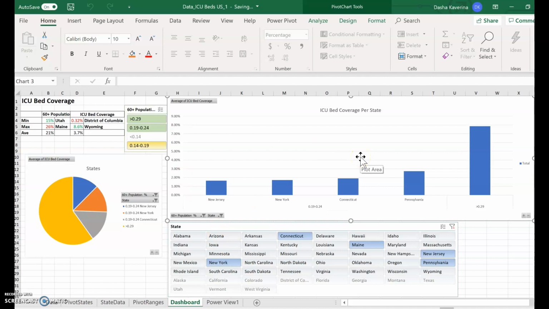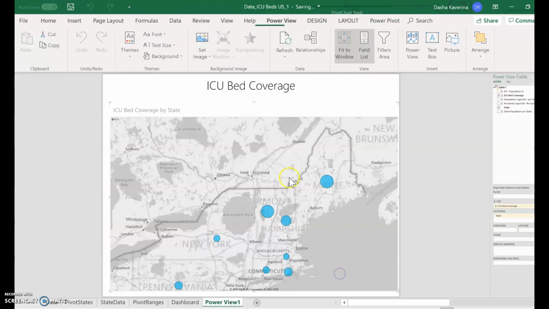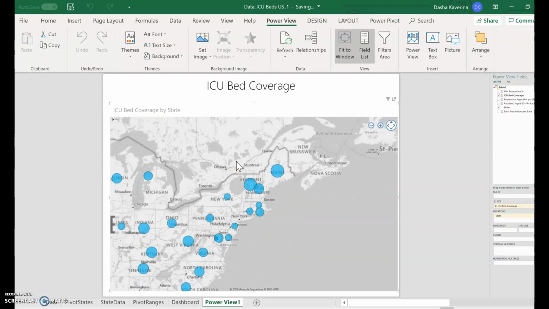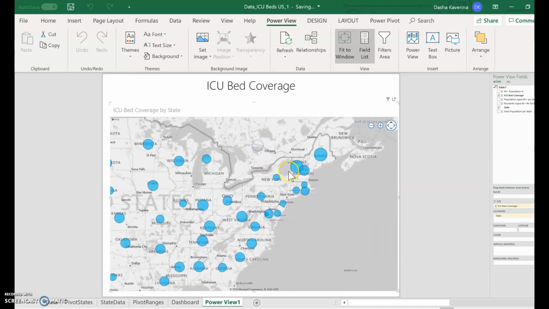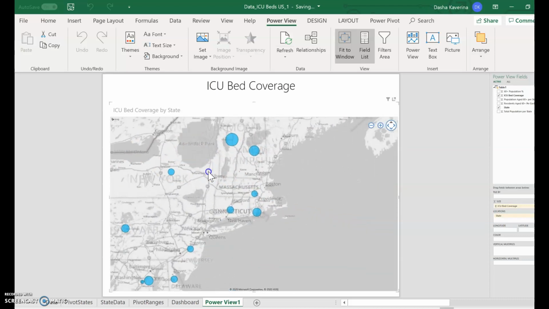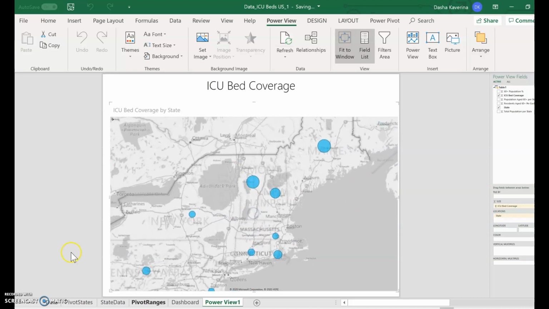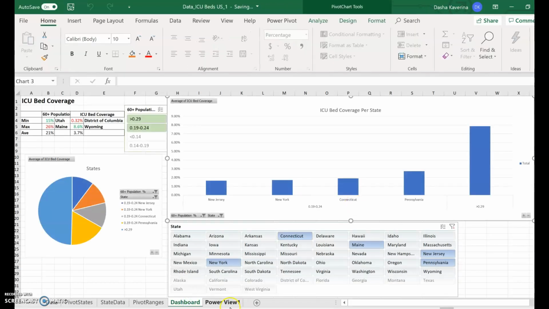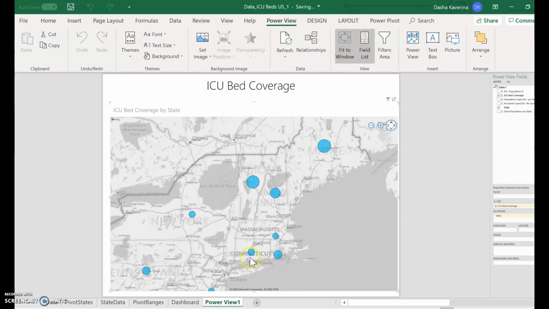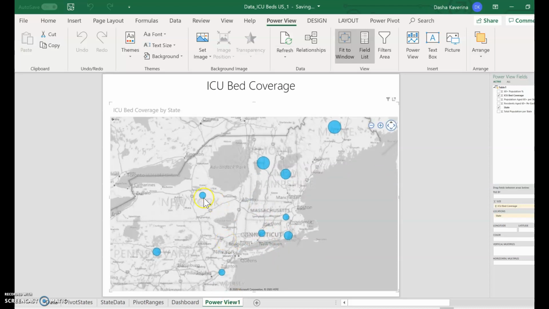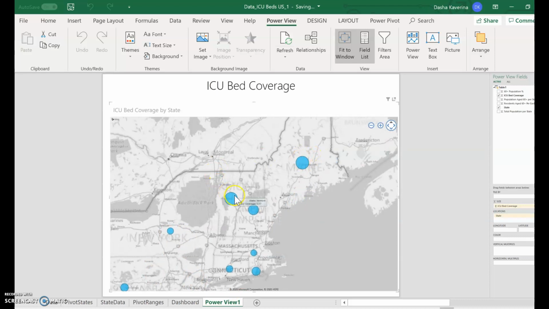And to finish up my visual representation of data, I put everything in the Power View, in the interactive map, and by zooming on the Northeast, we can see the same as what we saw over here. We see that New York, Connecticut, New Jersey have smaller circles, which is ICU bed coverage, while Maine, and Vermont and New Hampshire are, we would say, best prepared.